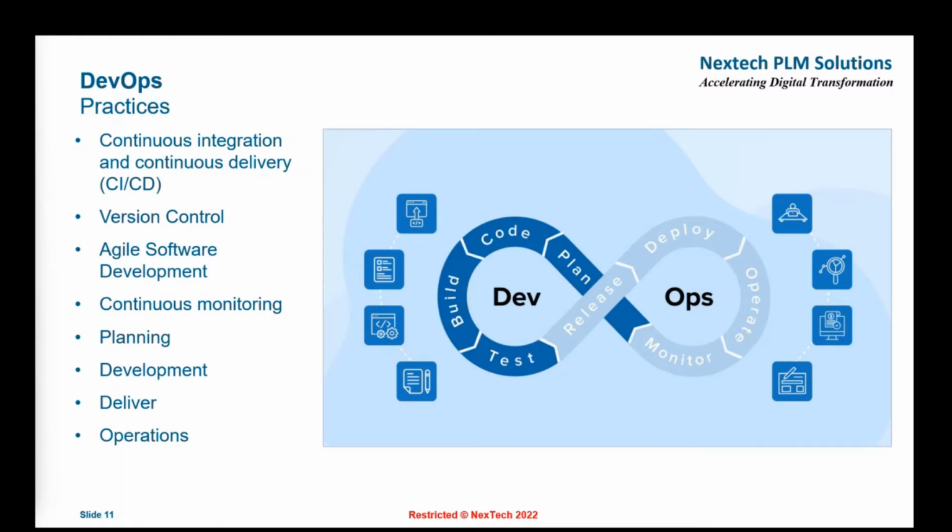CI/CD. That is one of the important practices that we follow. This practice basically spans the planning and coding phase of the DevOps cycle. I mean, I'm talking about continuous development or delivery.